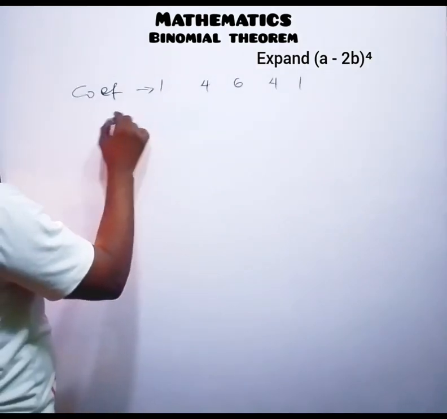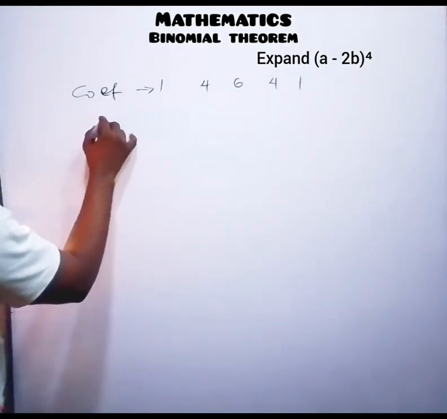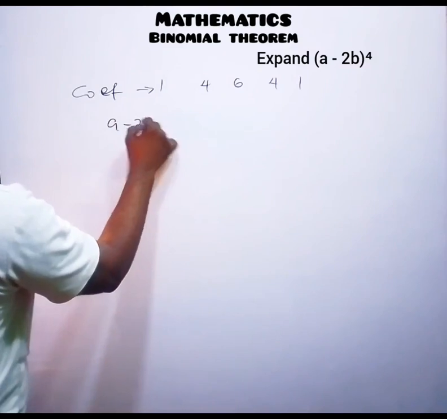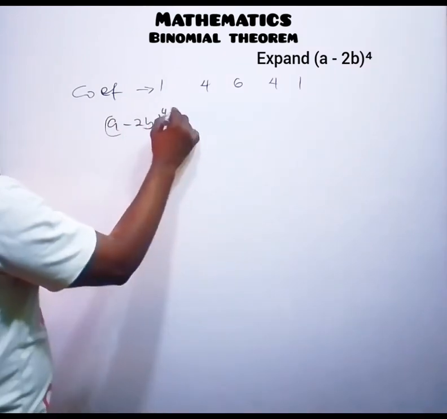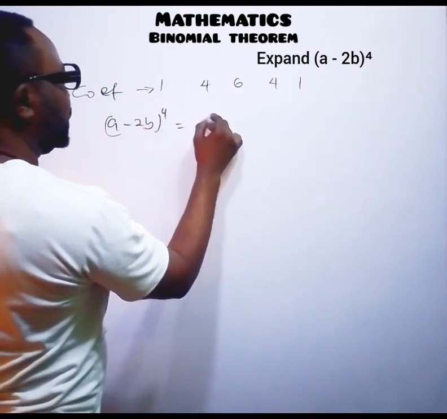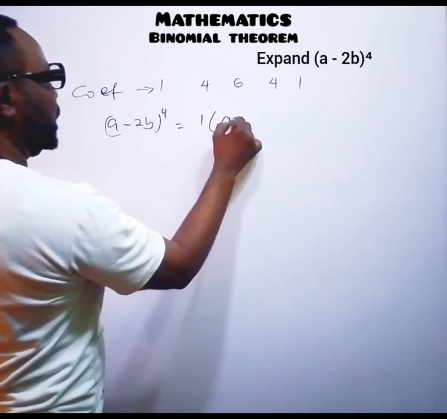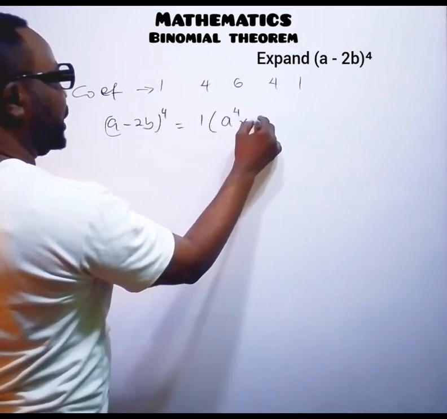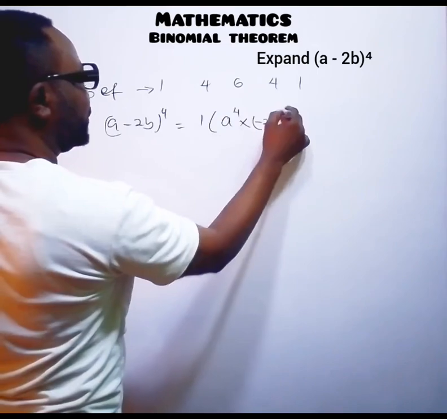Now, this will be equal to the first term they have there, that's a minus 2b, to the power of 4. The first term will be equal to 1 into bracket a raised to the power of 4 multiplied by minus 2b raised to the power of 0.